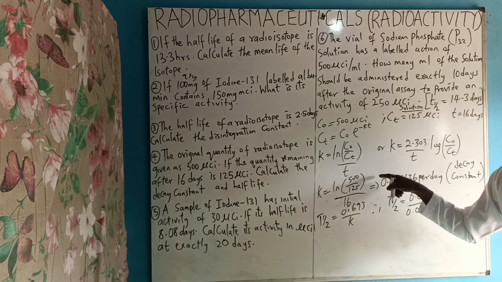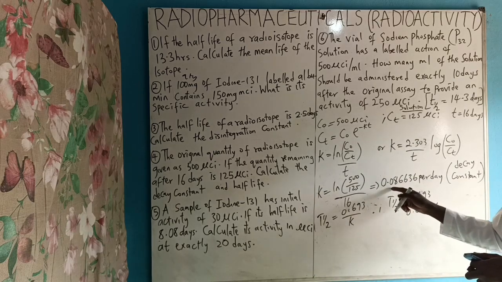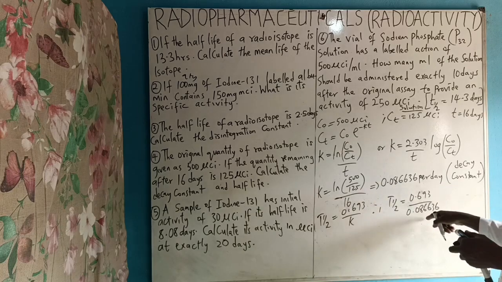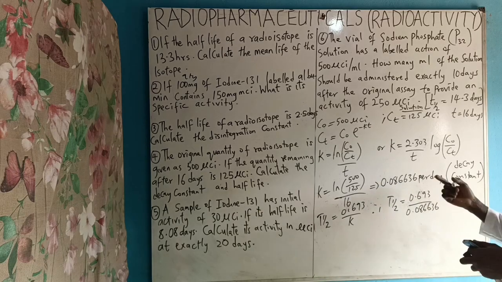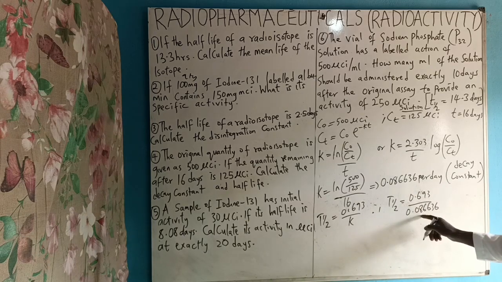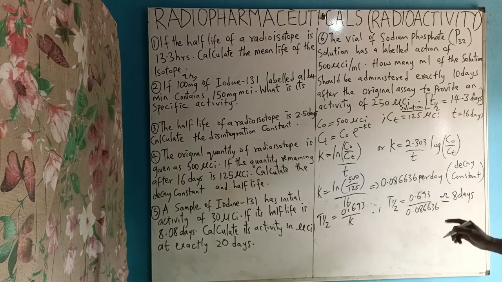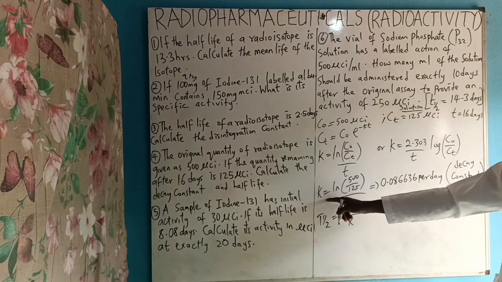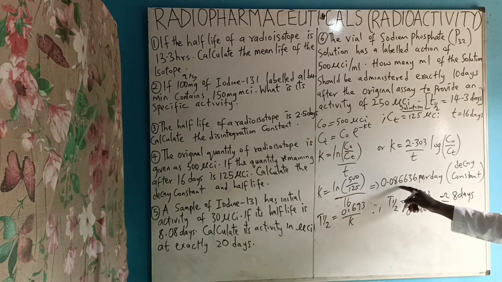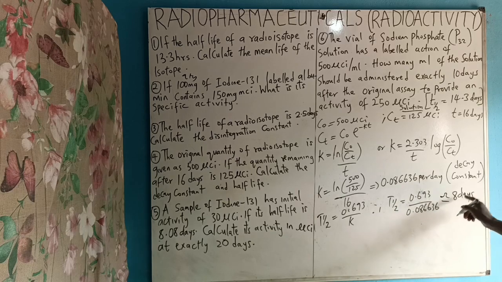They asked us to get K and we are still going to use the K. If we just approximate it, maybe 0.87, it will affect the value of half-life we'll be getting, maybe too high or too low. When you compute this in your calculator, it will give you 7.99, so approximately 8 days. So the disintegration constant or the decay constant is 0.086636 per day. Then the half-life is this over this, that is 8 days.